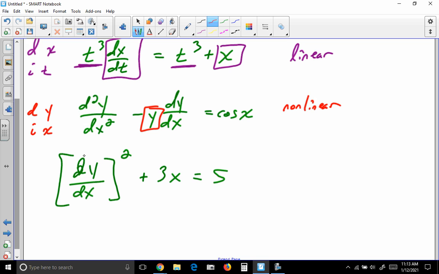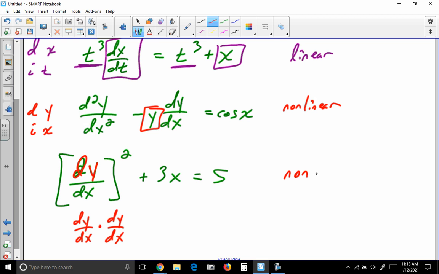If we look here, we don't have a coefficient per se, but we have a differential of y, and it's to more than the first power. This 2 here doesn't mean that it's the second derivative. It means that we have this differential times itself. We have two differentials with the same dependent variable in the same term.